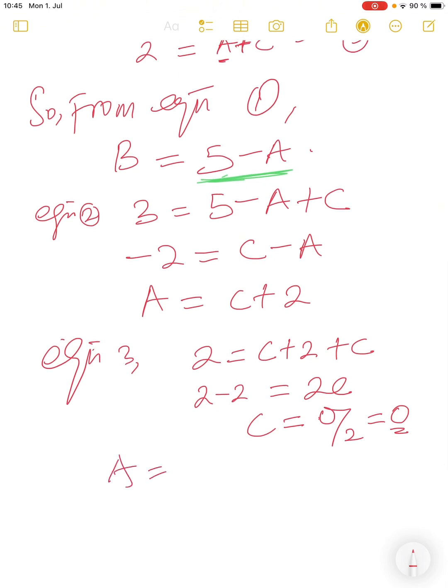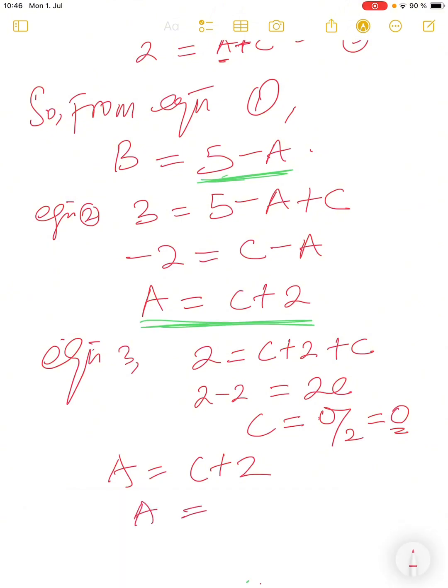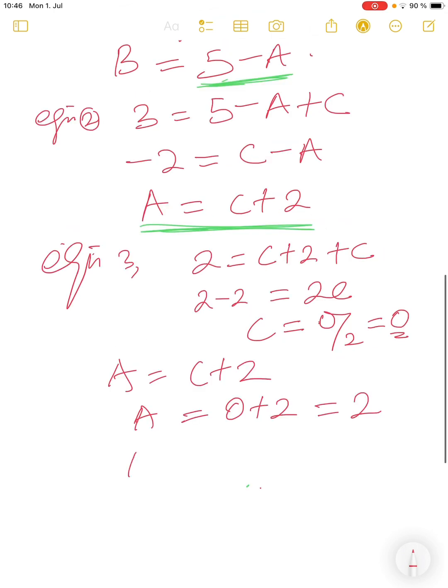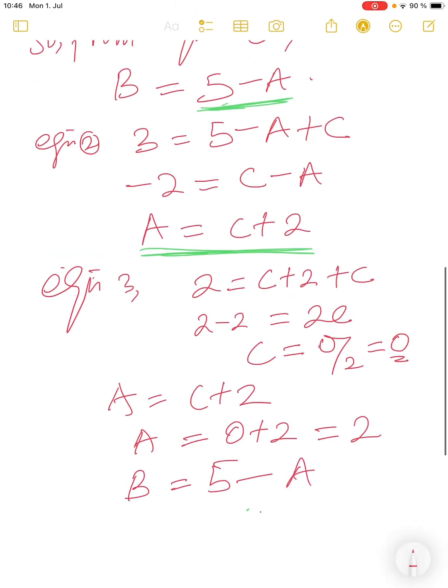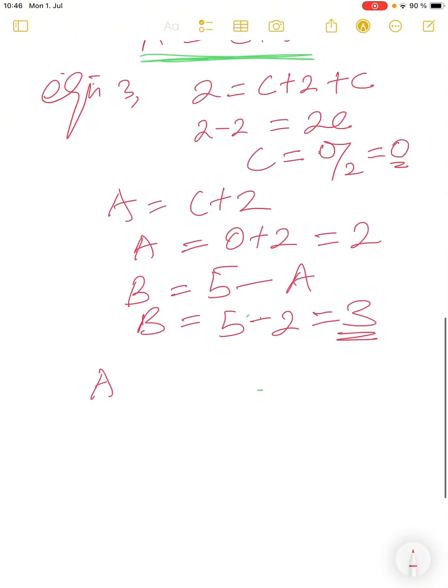So our a is c plus 2. We can say that our a is 0 plus 2, which is 2. And our b is 5 minus a. Our b is 5 minus 2, which is 3. So our a is equal to 2, b equal to 3, and c equal to 0.